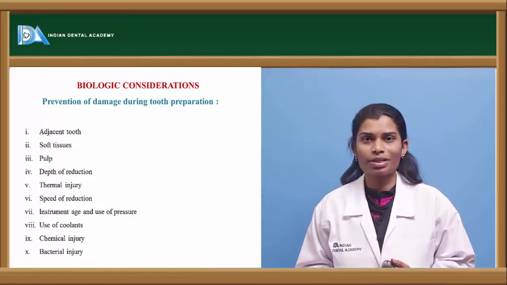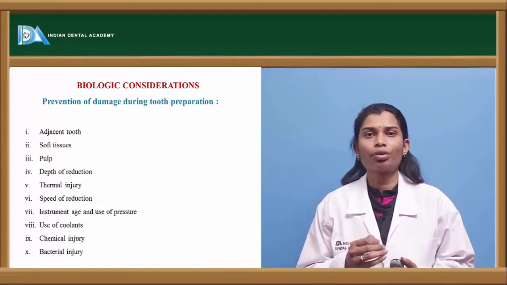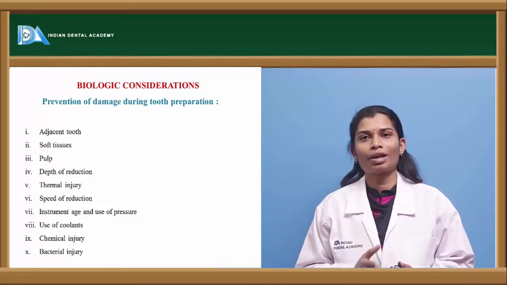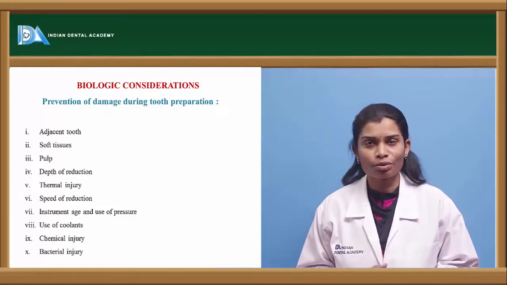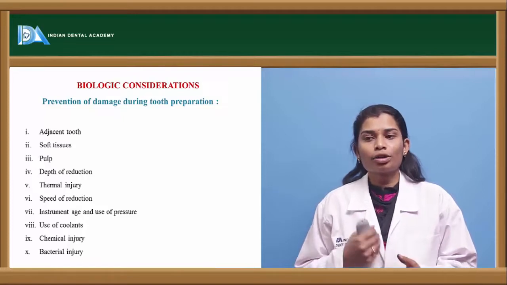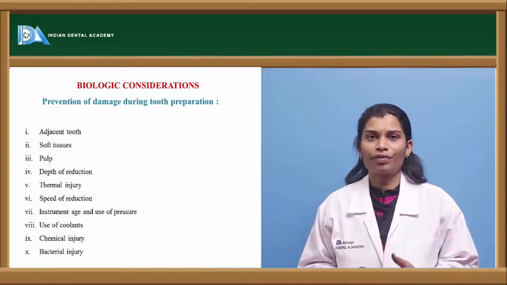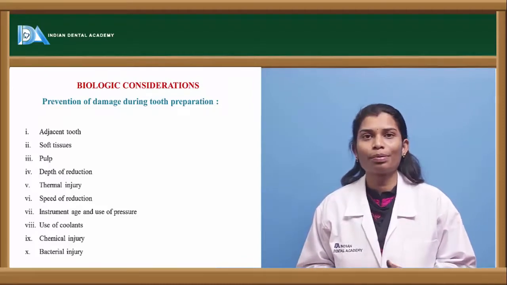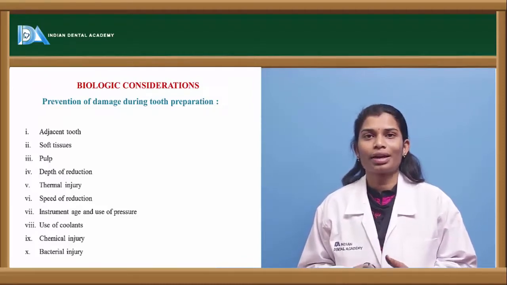In such cases, it is better that you use a matrix band against the adjacent tooth so that you avoid nicking it, because though the nicked tooth is managed with fluoride coverage, this might not help in reduction of the caries risk.